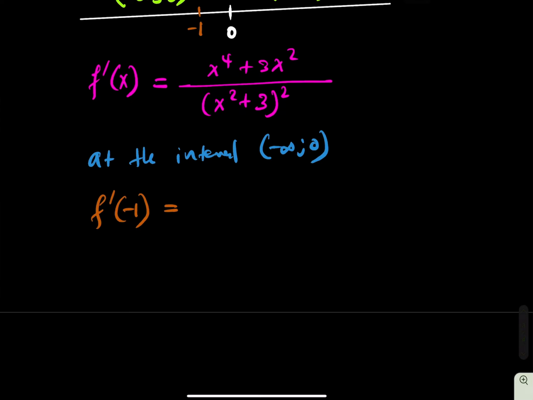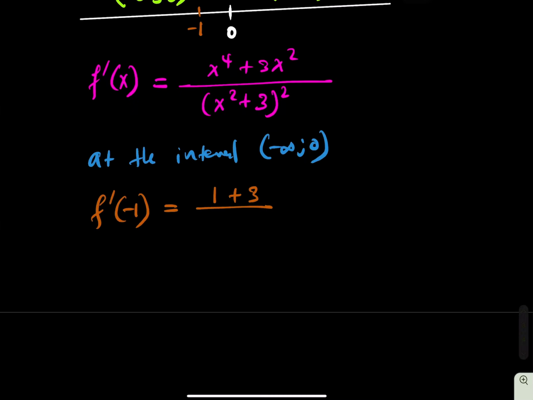So if I do that, -1 to the power 4 is +1, plus negative 1 squared is 1 times 3.